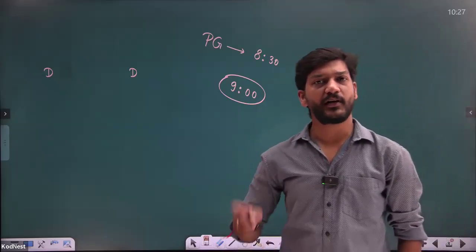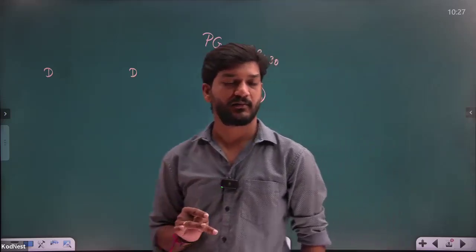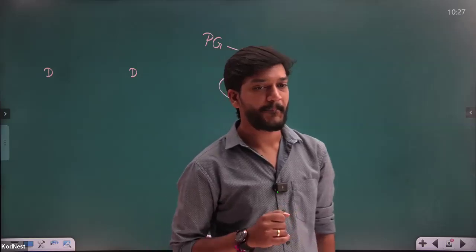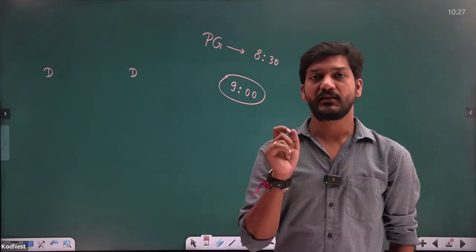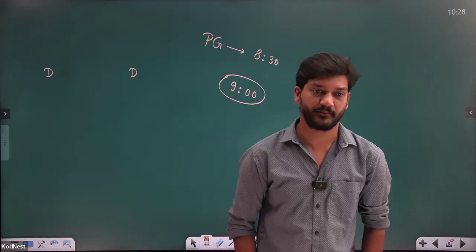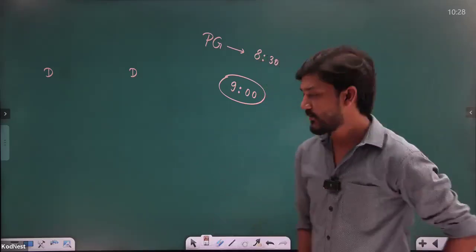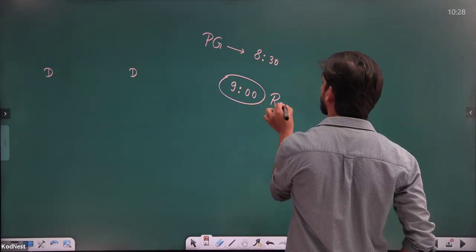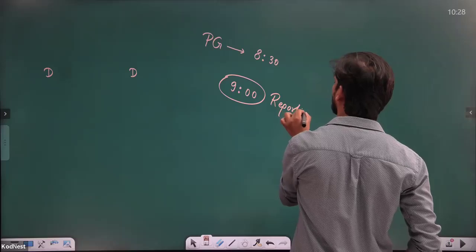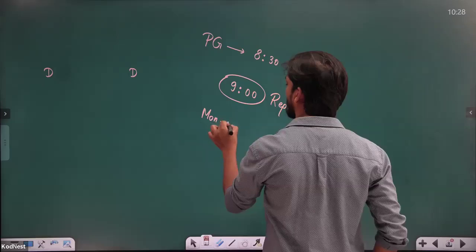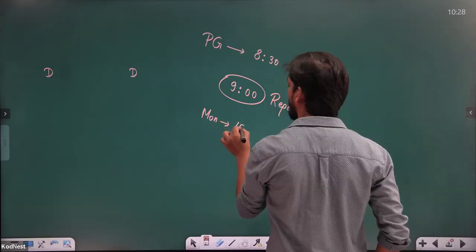30. Why not 15 minus 15? Why 30 minutes? All of you, please check this. Is it 30 minutes, the time difference? So what I'm saying is 9 is the reporting time. Monday, you are 15 minutes late.